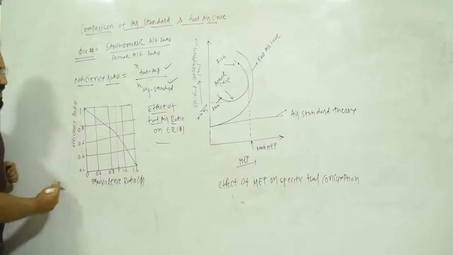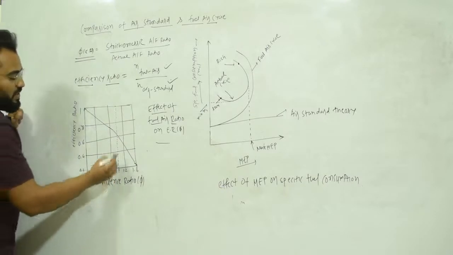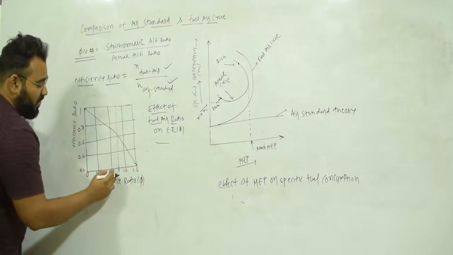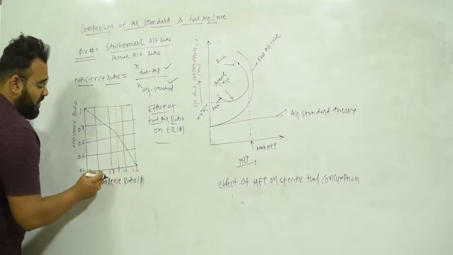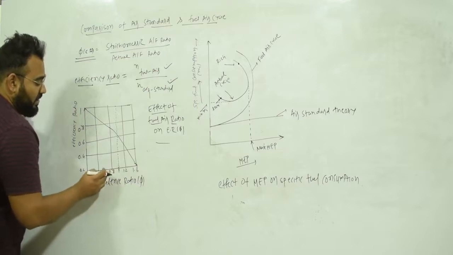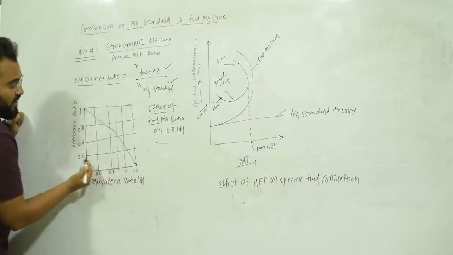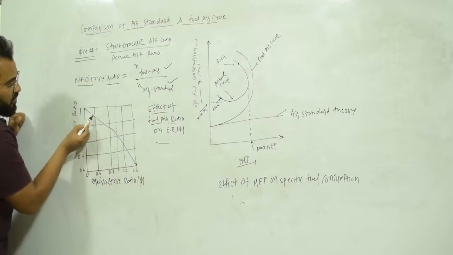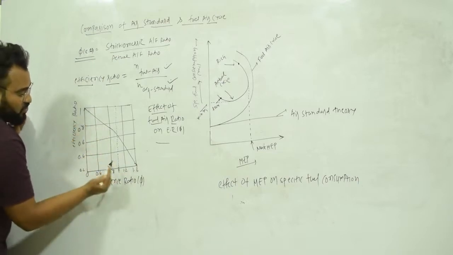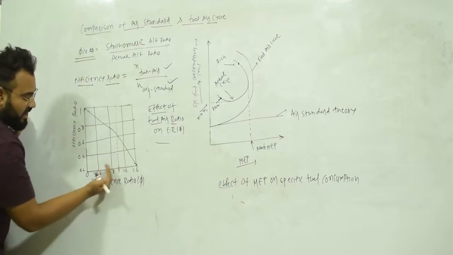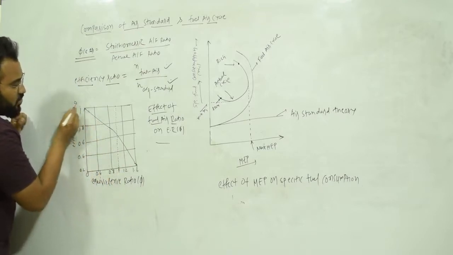As you go less than the stoichiometric ratio, that is less than 1, the mixture becomes leaner and leaner. What happens if you come this side? You can see the efficiency increases.